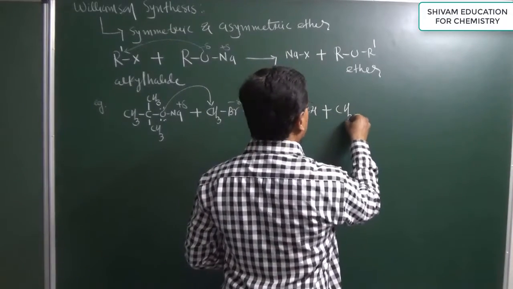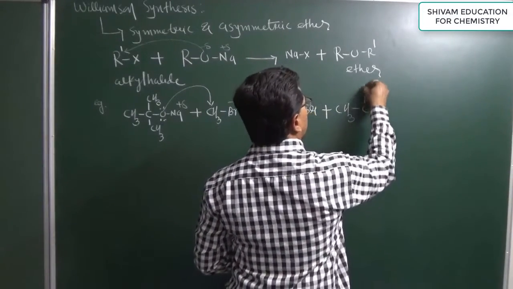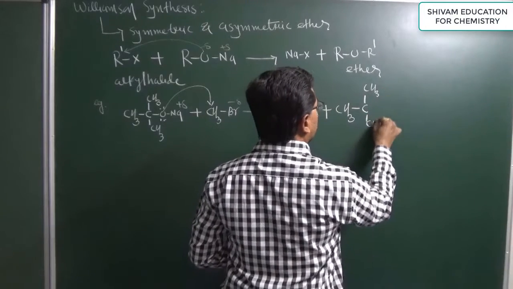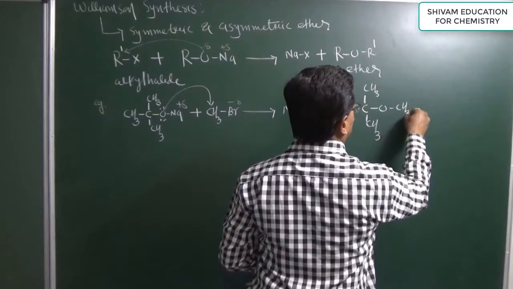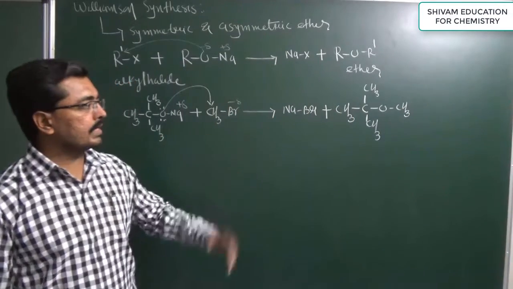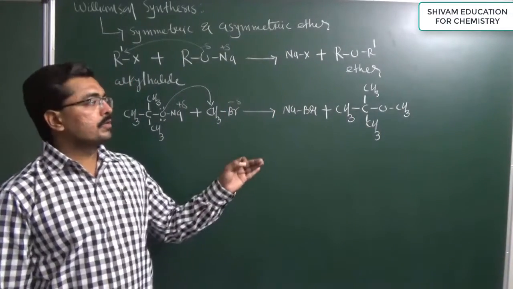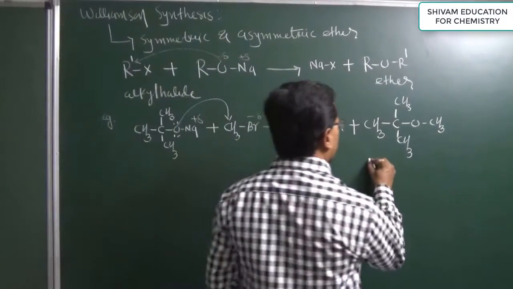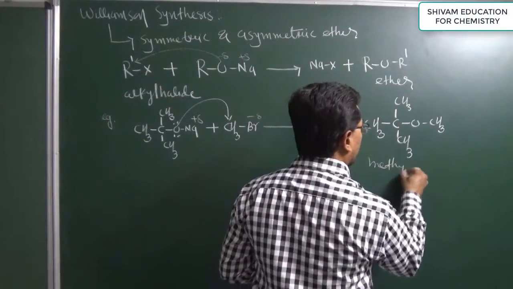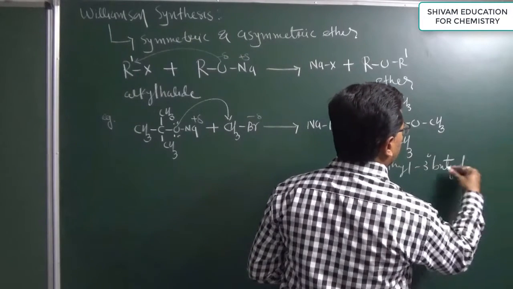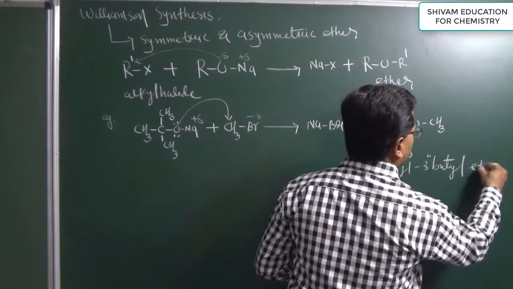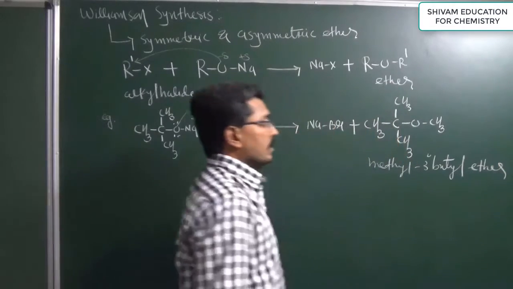We get the product CH3, C, CH3, CH3, then oxygen and CH3. The name of this structure is methyl tertiary butyl ether, or tertiary butyl methyl ether.